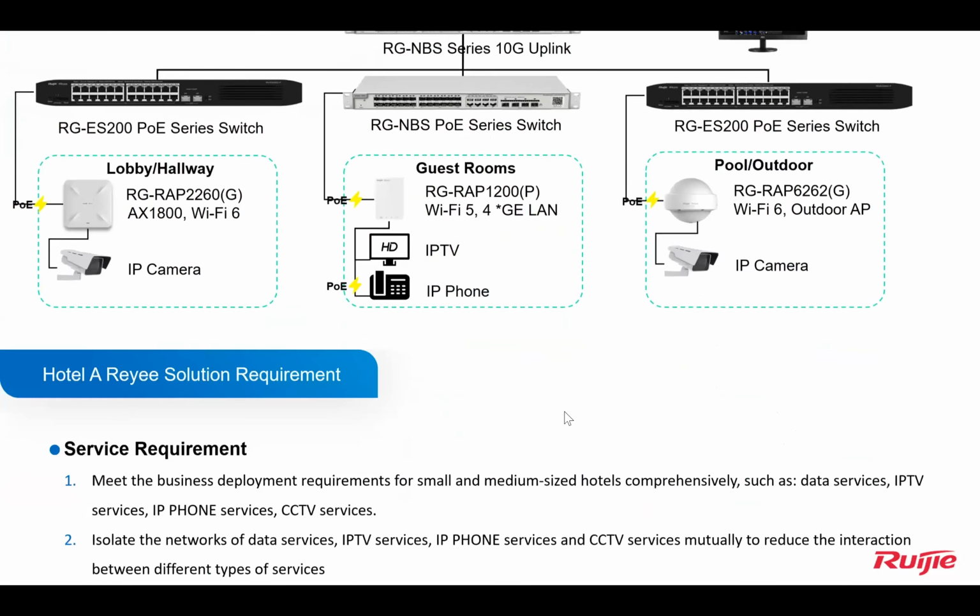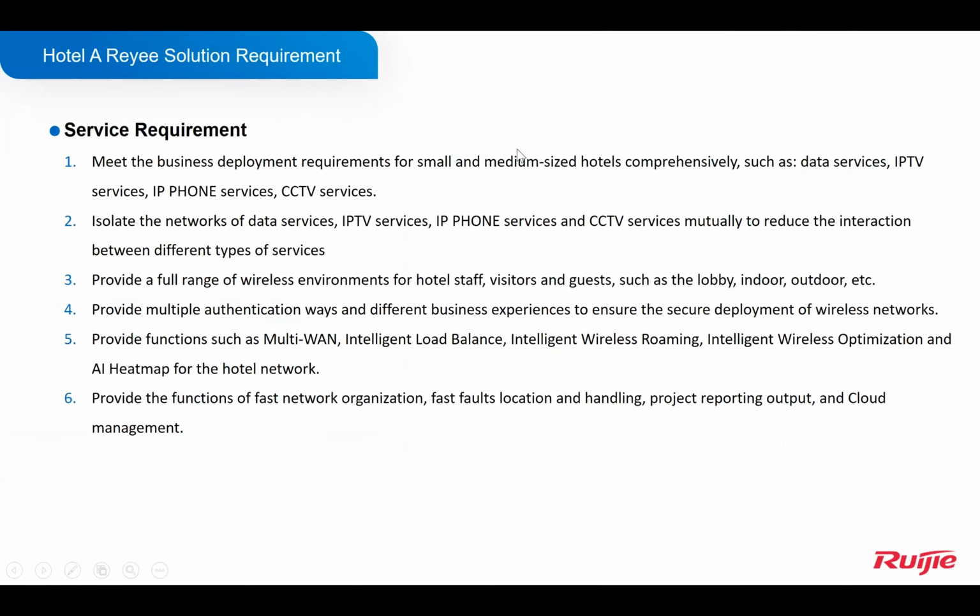Next, we can see some requirements for our network. First, the data service, IP phone service, and CCTV service. We provide all of these services for our customers. For these services, we have to separate them, so for different services we will isolate every network.